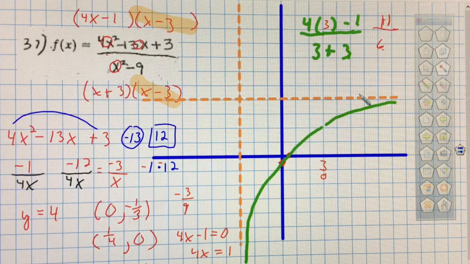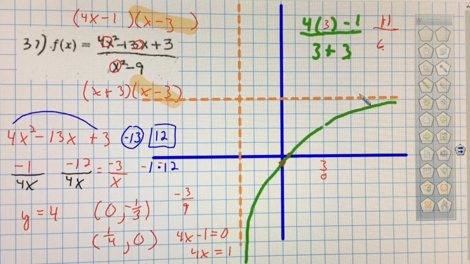And I'm going to find out what that decimal equivalent is. It's about 1.8. So this graph is a little off.